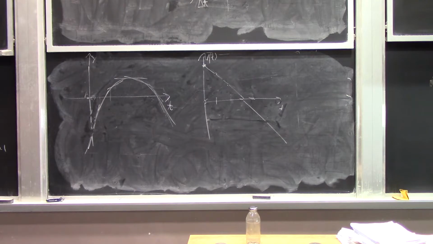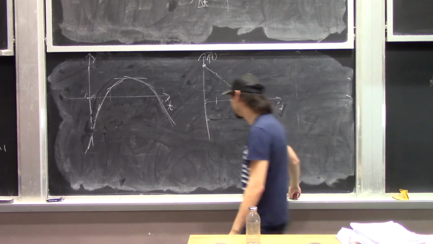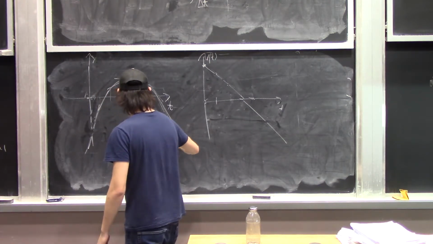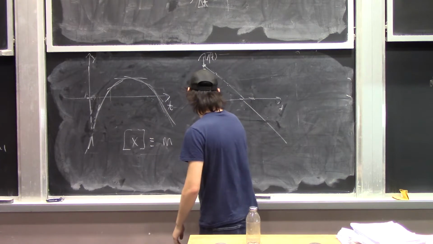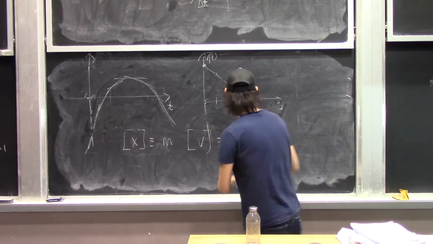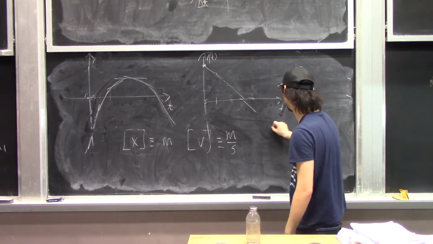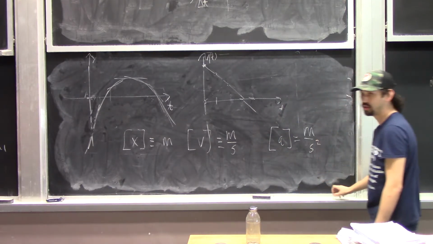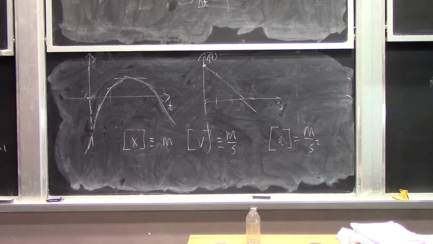But you can see dimensionally why that works out. When we talk about position, velocity, and acceleration, the units of position are meters. The units of velocity are meters per second. The units of acceleration are meters per second squared, so it's a rate of change over rate of change in time.